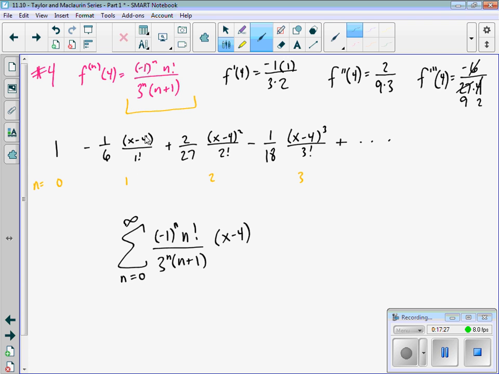Well, this is to the 1, and this one's to the 2, this one's to the 3, so it's to the n power, isn't it? And then we're always dividing by 0 factorial, 1 factorial, 2 factorial, 3 factorial. So we're dividing by n factorial.